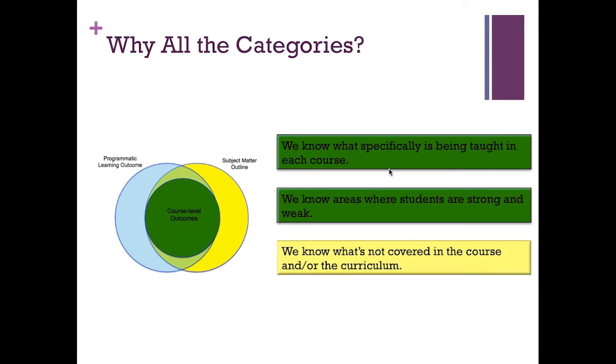So we know what specifically is being taught in each course, and we actually have hard data that backs it up. We also know the areas where the students are strong and weak.